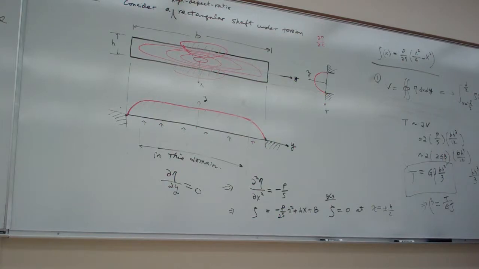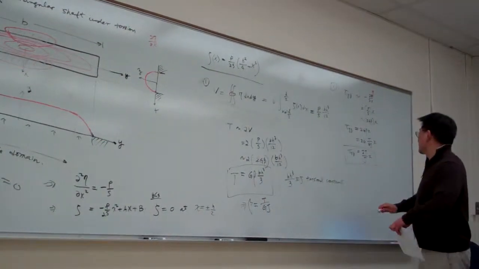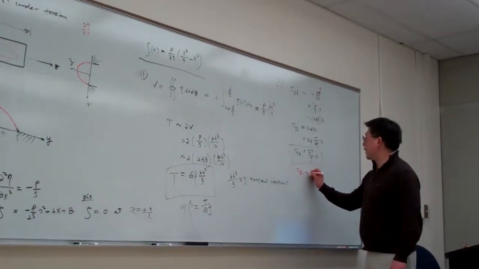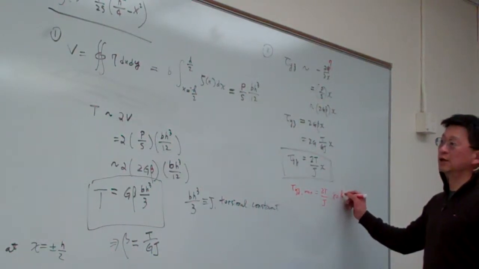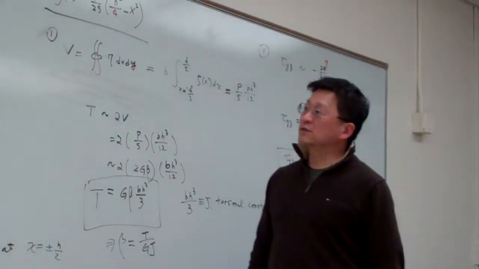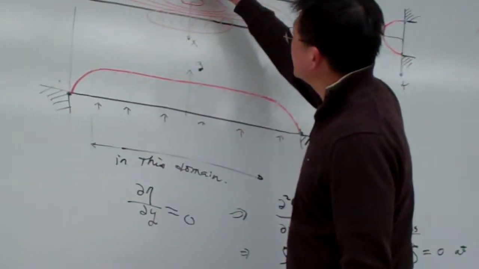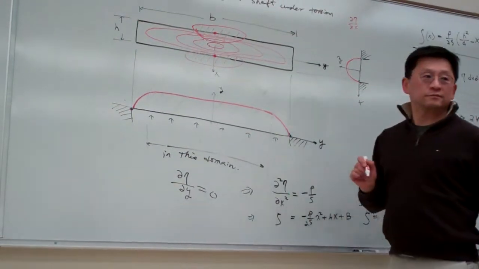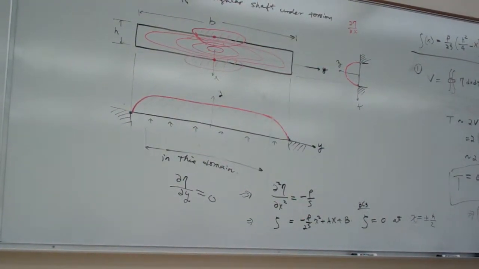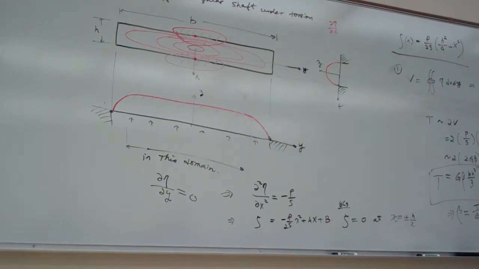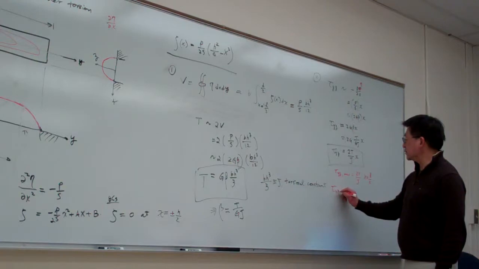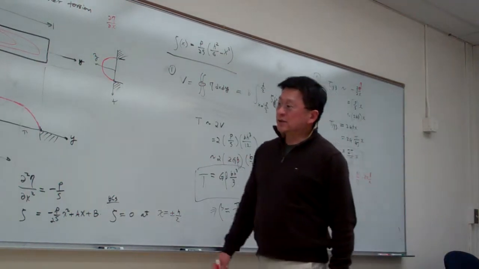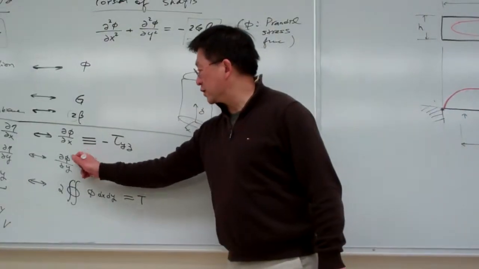More precisely, from here you can see tau YZ maximum happens when x equals h over 2 here. So I can indicate the maximum is here. In this case, our other stress component is proportional to this one.